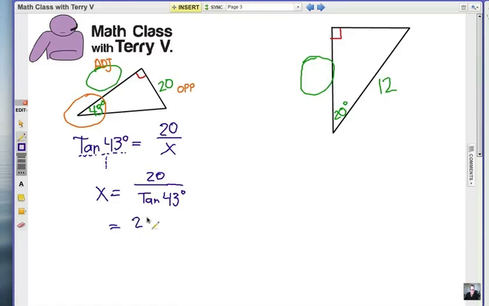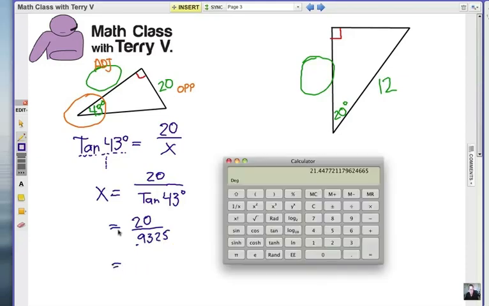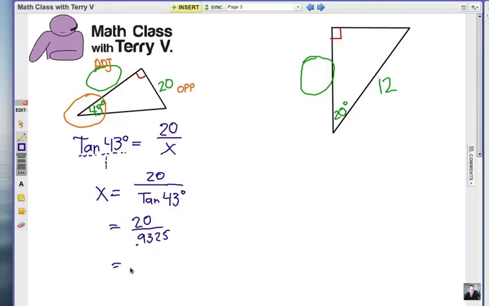So 20 over 0.9325, and we divide it out to finish. So final answer 21.45. Let's call it 21.4. Alright, so my other leg is 21.4.